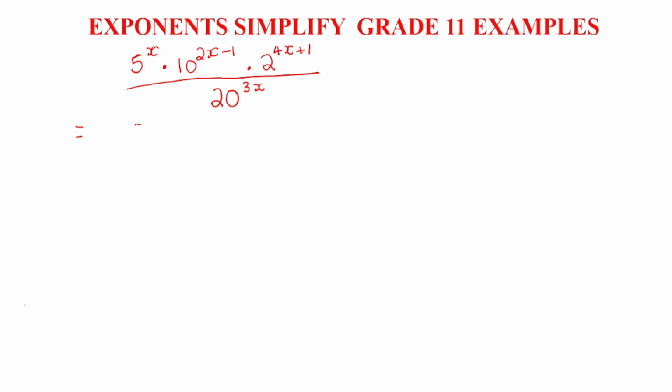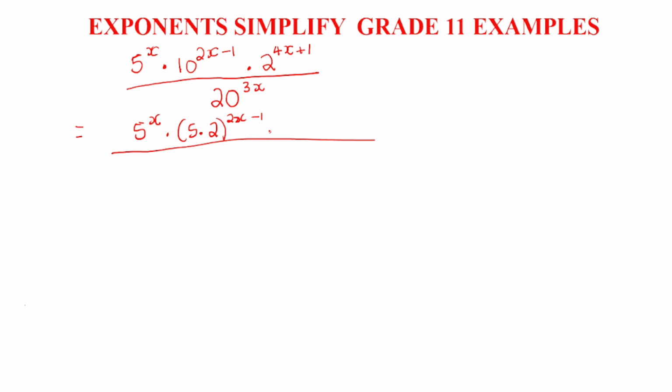5^x, there's nothing that we can do there. 5 to the power of x will remain as 5 to the power of x. Let me just put it all over here. All right, and then 10 you can separate as 5 times 2, to the power of x minus 1.